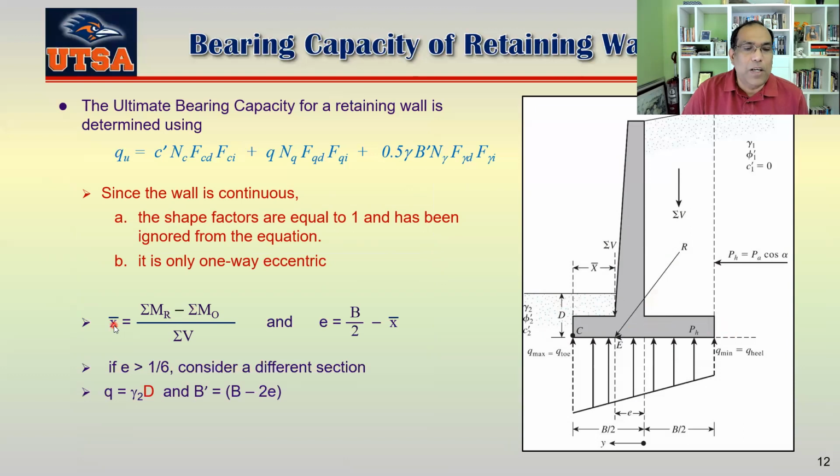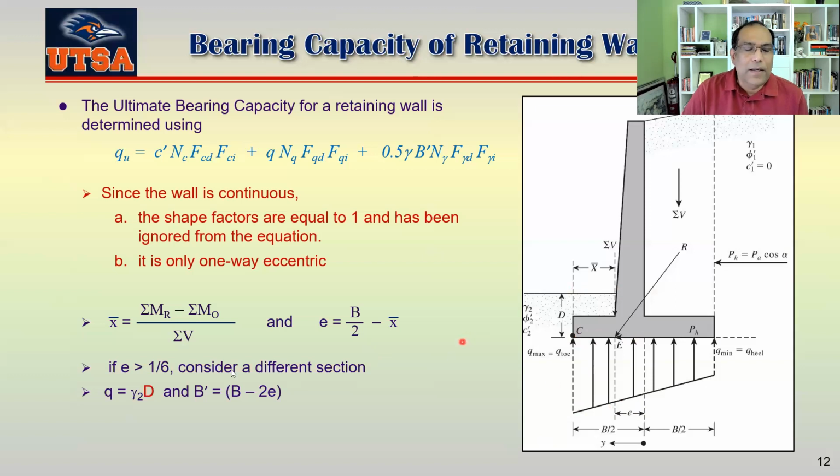This X bar is the summation of resisting moment minus the summation of overturning moment, divided by the summation of V. Then you will get your X bar from there. Your E is B divided by 2, which is from here to here, minus your X bar from here to here. So you get your E from there.